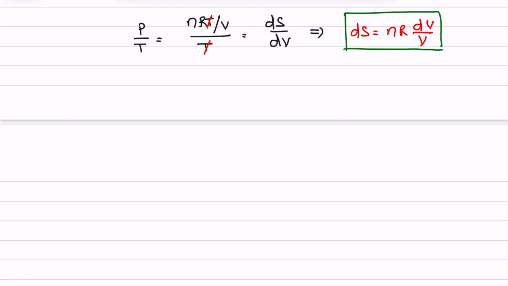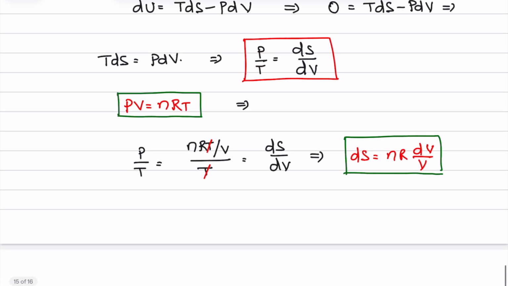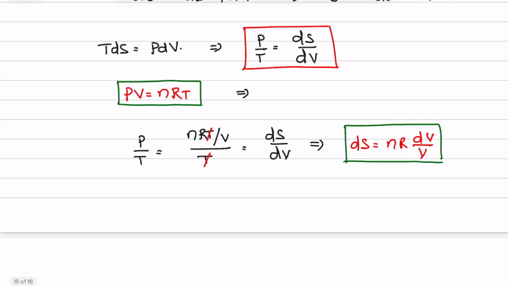Then, when you integrate it between V1 and V2, we will get the change in entropy. And another thing also, TdS is equal to PdV.